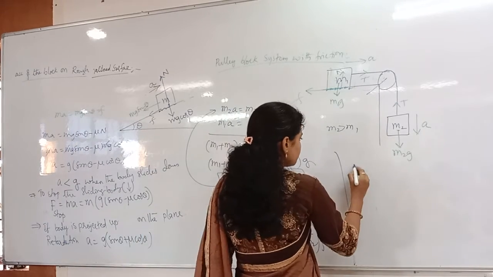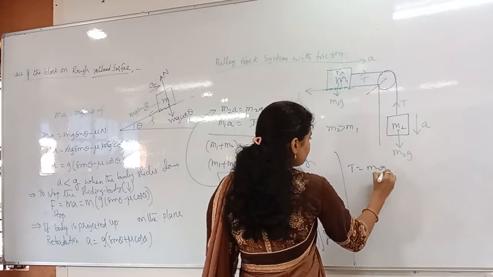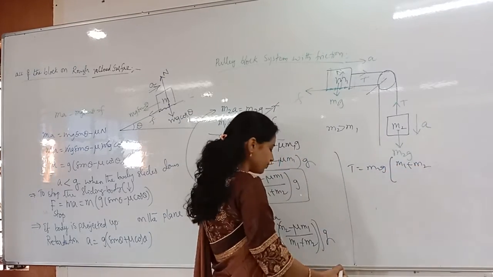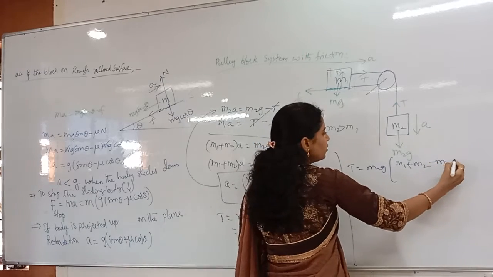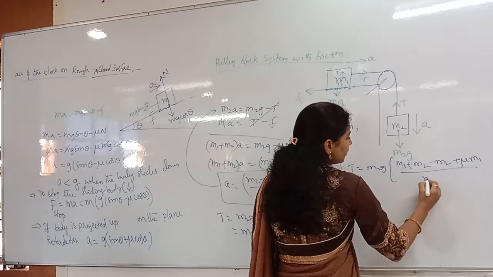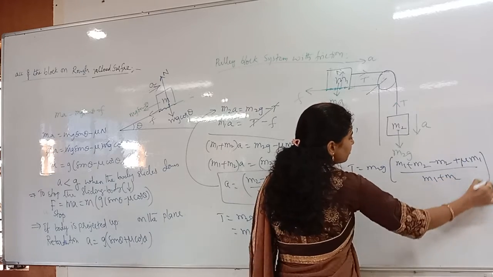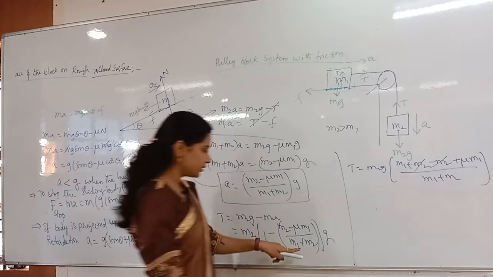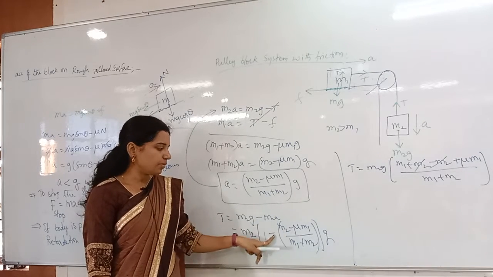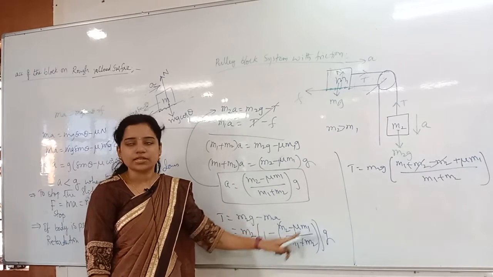Let's check that. So T is equal to m2g into, I will take the LCM as m1 plus m2, then minus m2, minus of minus is plus mu m1, divided by m1 plus m2. m2 gets cancelled here. See that? m1 plus m2 LCM minus m2 minus of minus mu m1, correct?